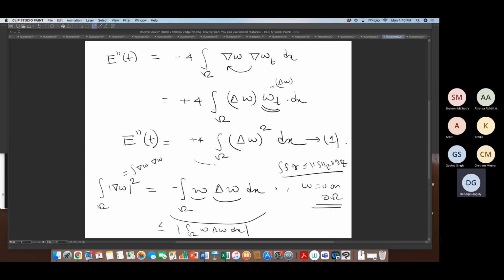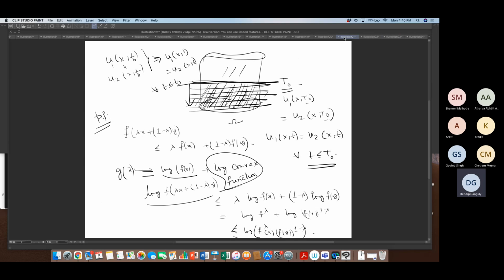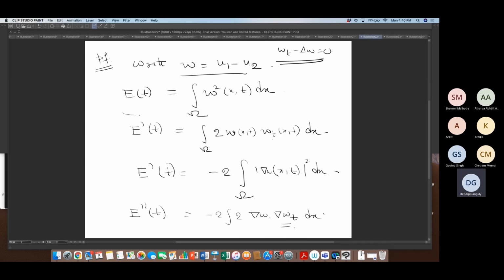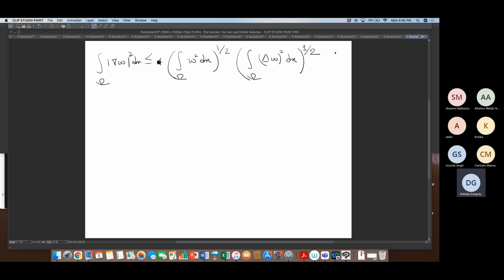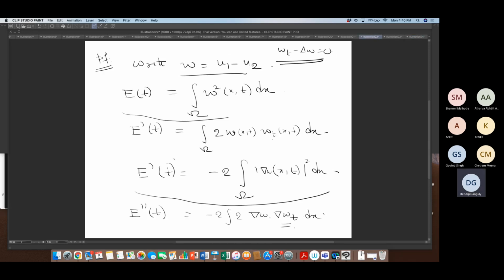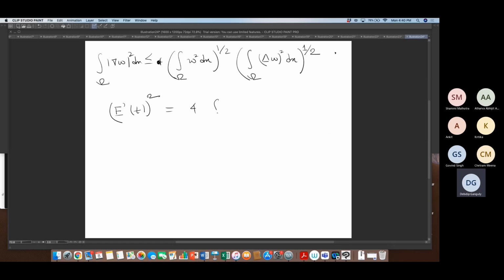E prime t is this, and what is E t? E t is this, and what is E prime t is this. So E prime t whole square, if I do, this will be 4 squared, right? So this is equal to 4 gradient. So this resembles like this.